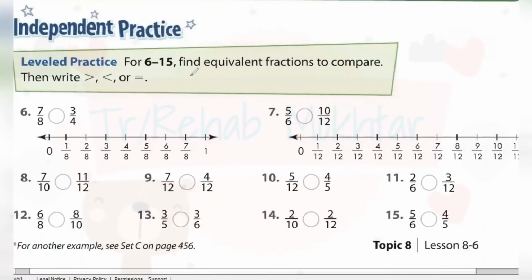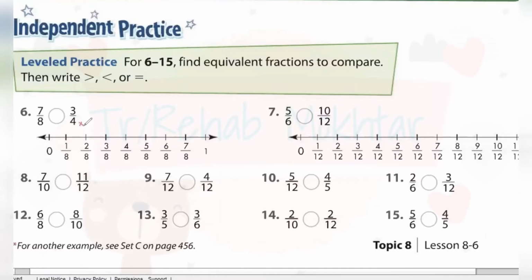Number 6, find equivalent fractions to compare, then write more than, less than, or equal. We have 7 out of 8 and 3 out of 4. We have to find a common denominator. I will ask myself, 8 is a multiple of 4. Yes, teacher. So how can I change 4 to be 8? By multiplying up and down by 2.